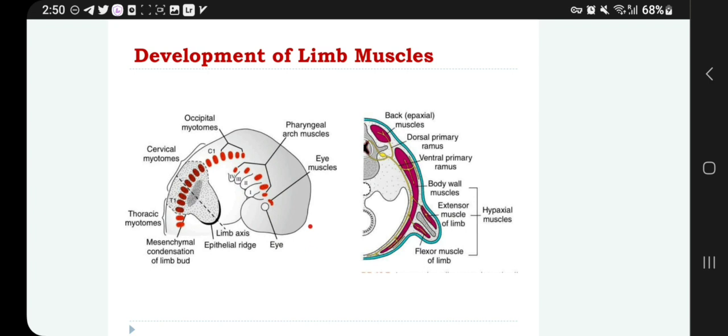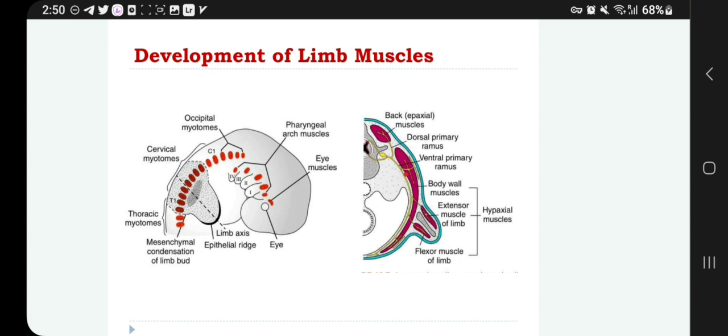In the old books, the organization was, we say, the muscles epaxial and hypaxial. That depends on the innervation.